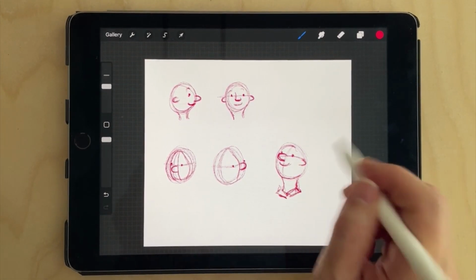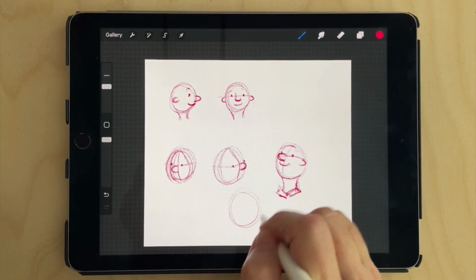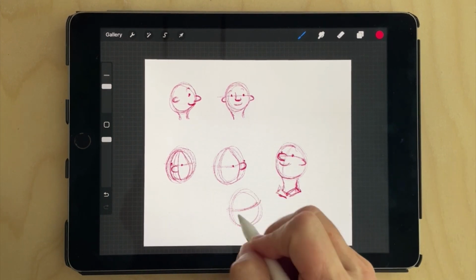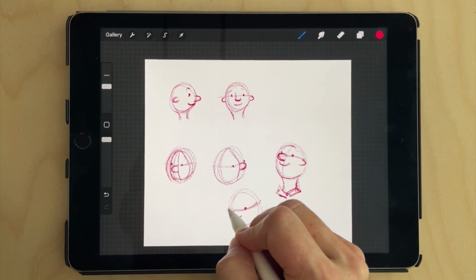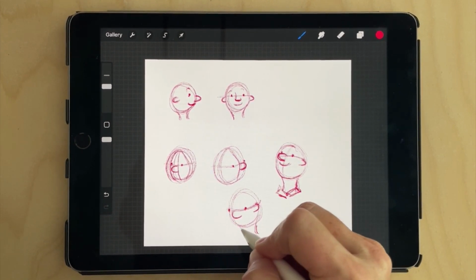If we were to do it looking down rather, we could do this and say, okay, now he's looking downwards. Let's have his nose pointing there, eyes like that, ear like that, neck like this.